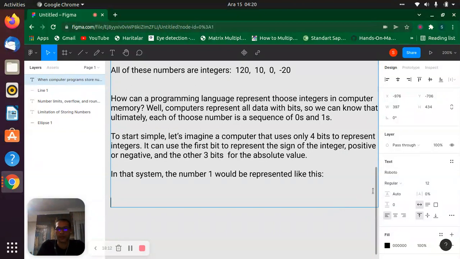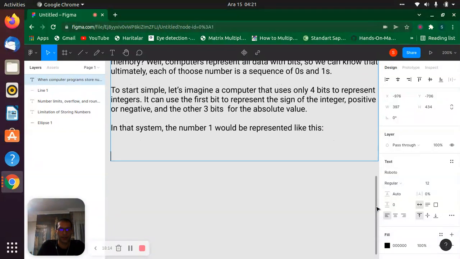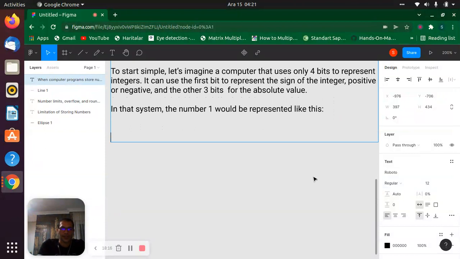Now I want to show you my example here. The first one will be 0, then 1 2 3 4 5 6, six times. I can put 1 2 3 4 5 6.